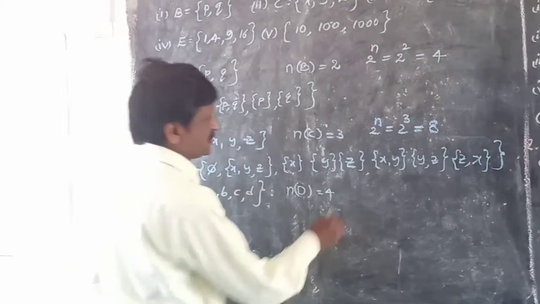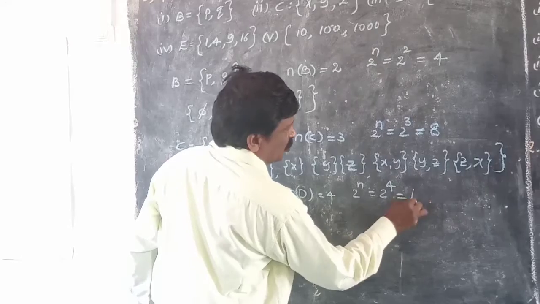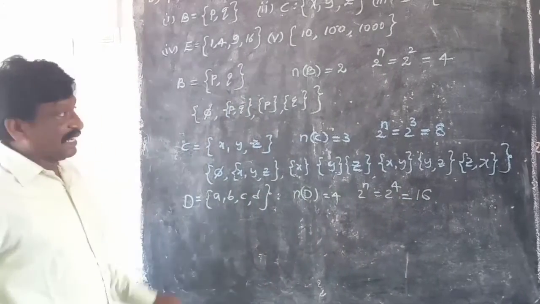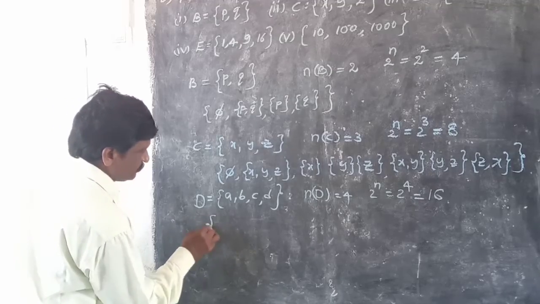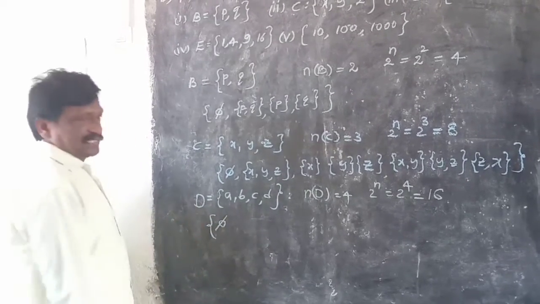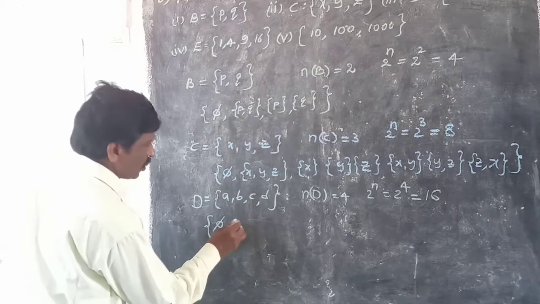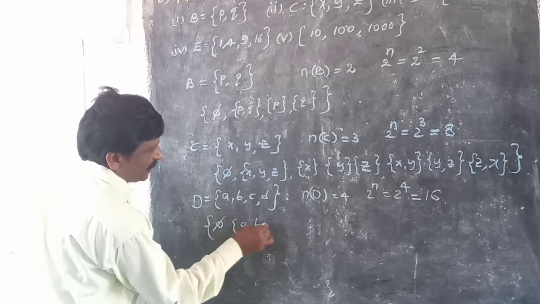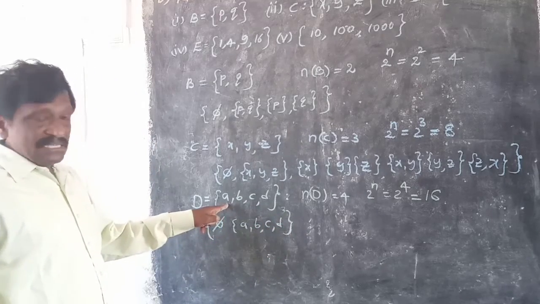How many subsets? 2 to the power n is 2 to the power 4, which is 16 subsets. So first, the null set. Second, the set itself, {A, B, C, D}. Third, single element sets.